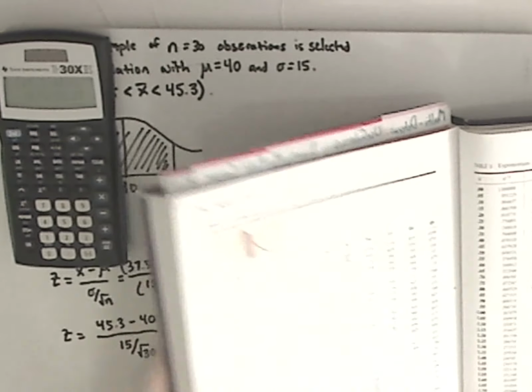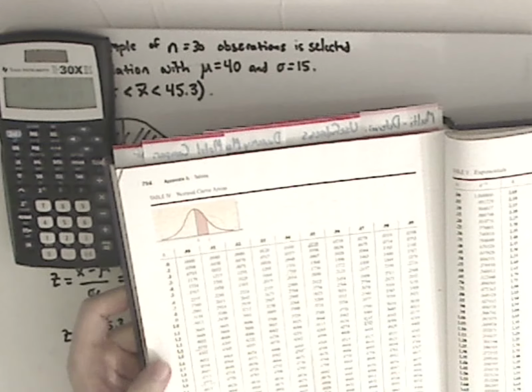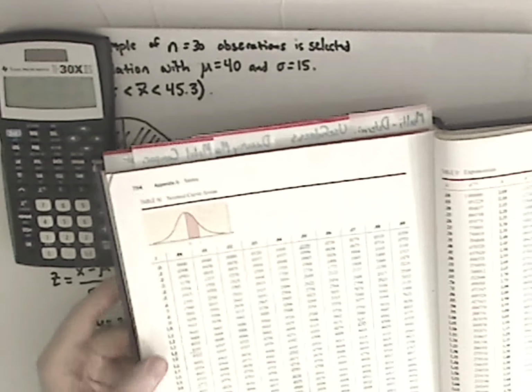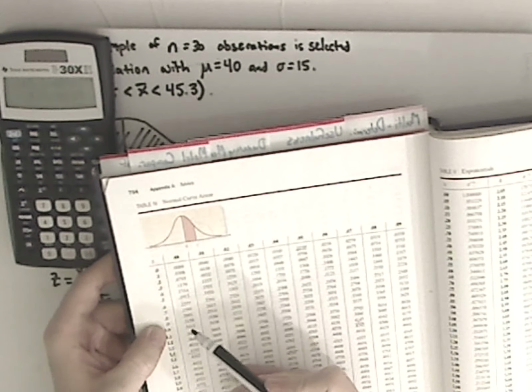Now, my first z-score is negative 0.91. So look up the positive.